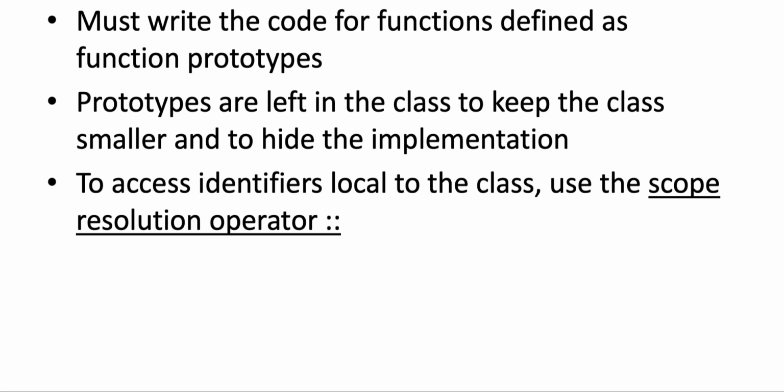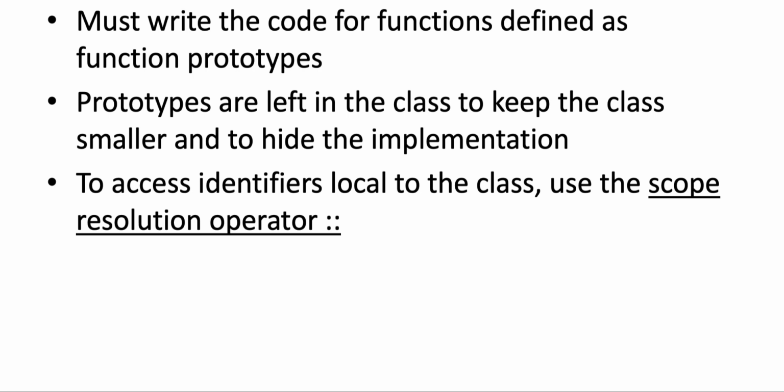Unfortunately, the class definition would then be very long and difficult to comprehend. Another reason for providing function prototypes instead of function definitions relates to information hiding. That is, we want to hide the details of the operations on the data. I will discuss information hiding later down the road.